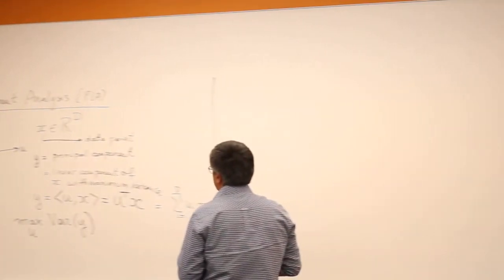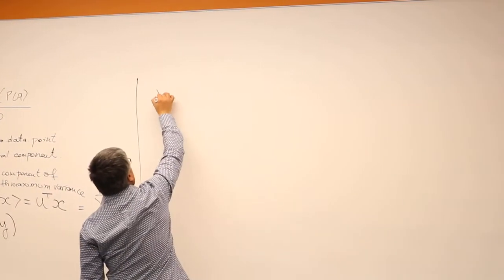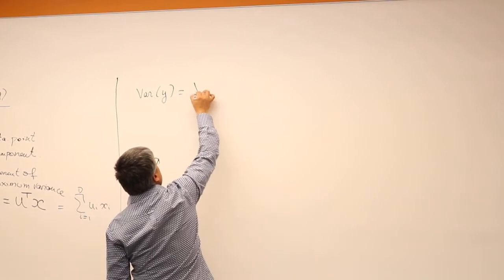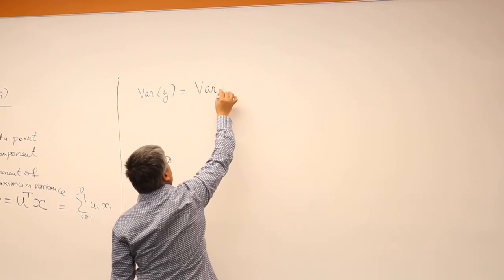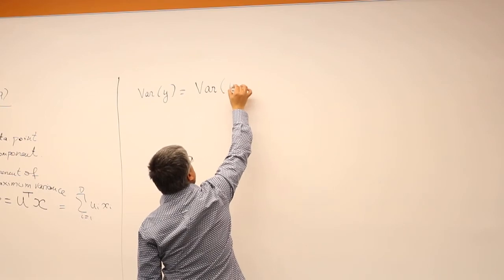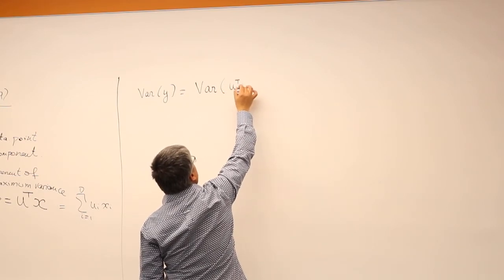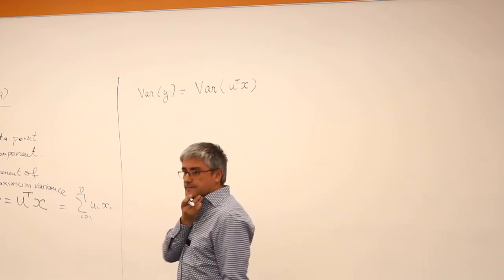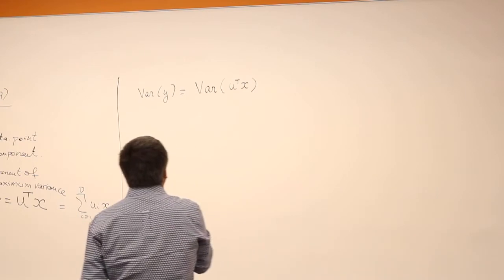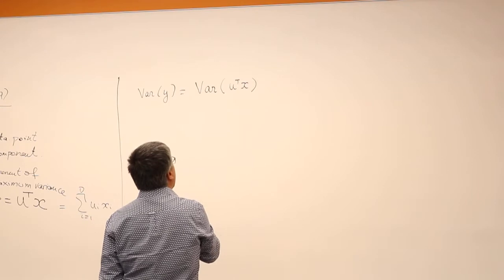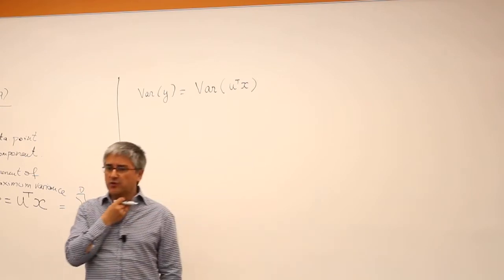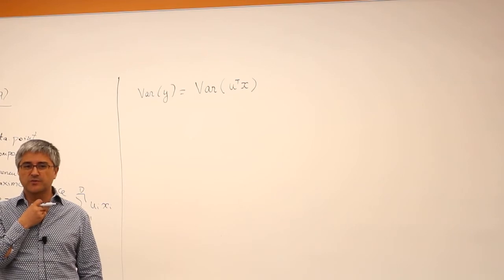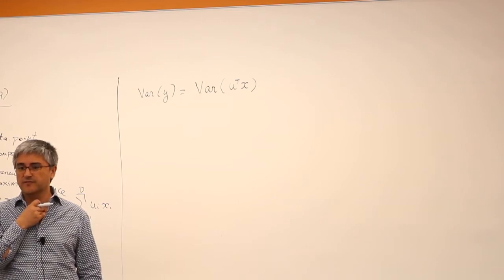So very good. Okay, so the variance of y is equal to the variance of u transpose x. If you go to Statistics 101, what is the relationship between variance and expectations?